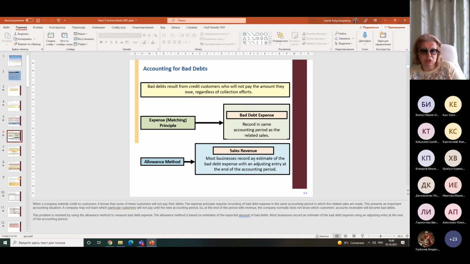So most businesses record an estimate of the bad debt expense with an adjusting entry at the end of the accounting period based on past experience, based on the market situation, on the reputation of the client. So in order to estimate, we should consider a lot of factors, and normally it's not the responsibility of the accountants. This is the responsibility of the managers.